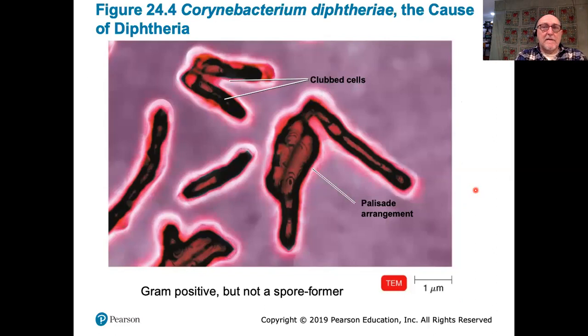This is a disease caused by this organism, Corynebacterium diphtheriae, and it is the causative agent of the disease diphtheria. You can see here, it's a gram-positive rod, but it does not produce spores. It's one of the gram-positive bacteria that don't produce spores at all.